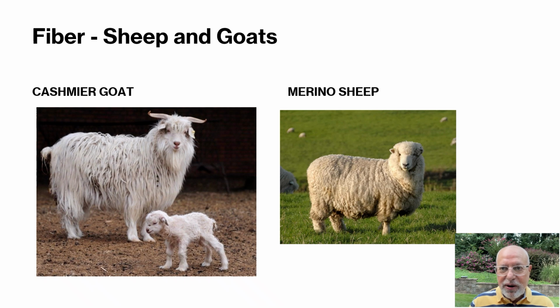For instance, I have brought only two slides here for reference. The Kashmir goat produces this fiber, and if you go to some nice fancy clothing store, you will find Kashmir sweaters and scarves and things like that. They're more expensive than cotton or polyester. In the same way, the merino sheep has outstanding wool, and it's used for blankets and some other clothing. And so these animals contribute very well to human survival.